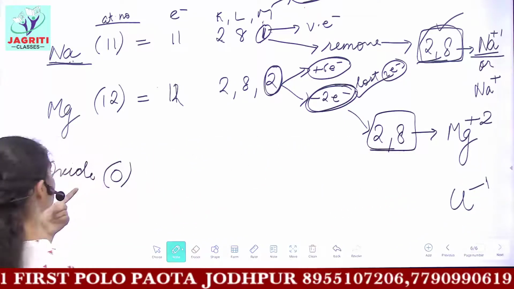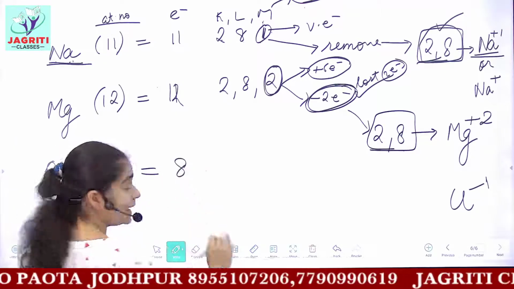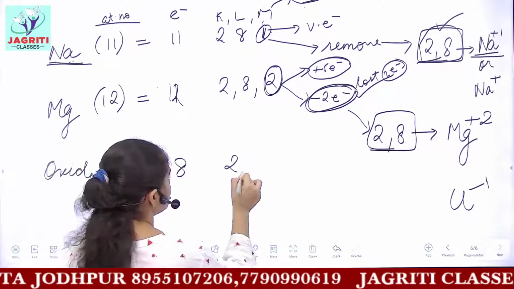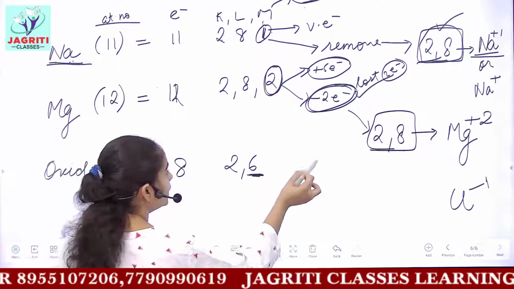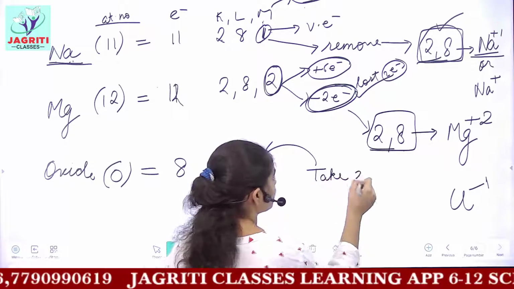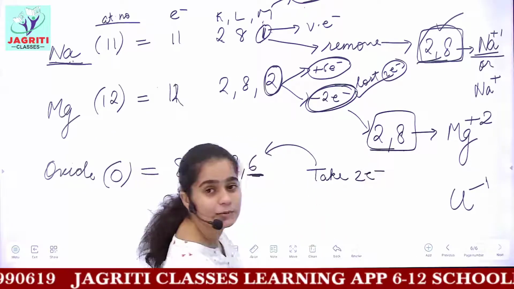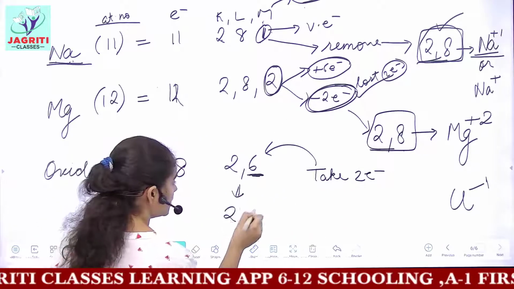Similar is the case with oxide. You know the atomic number of oxygen is 8. Okay. The configuration would be 2, 6. To attain stability, it will take 2 electrons. Oxygen takes 2 electrons to gain stability. When it takes 2 electrons, then it becomes 2, 8.